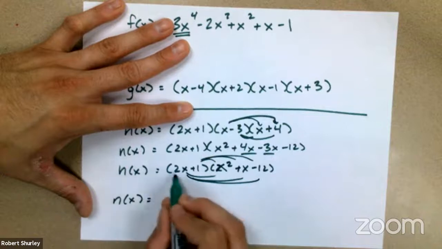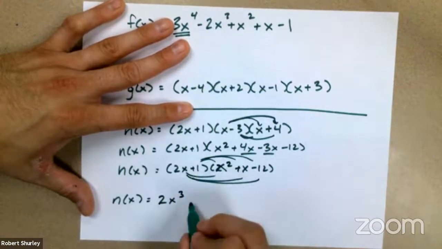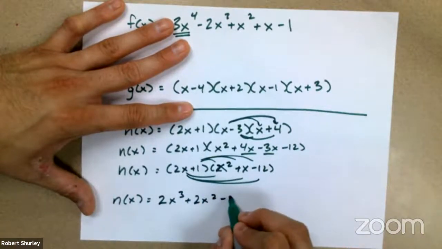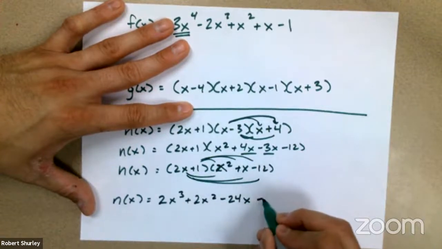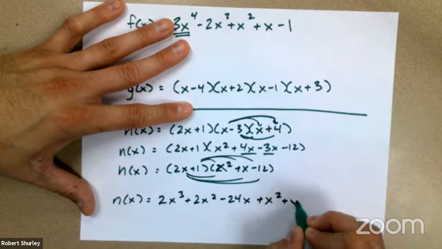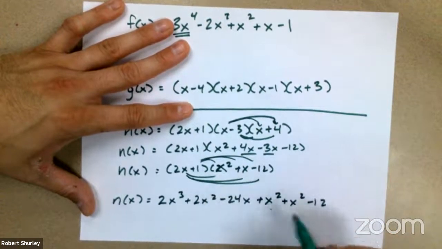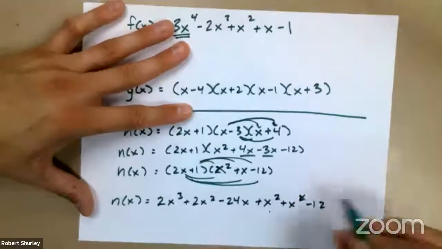So if I distribute the 2x all the way through, I'd get 2x cubed. 2x times x, so that's 2x squared. 2x times negative 12, that's negative 24x. Distribute the 1, well, anything times 1 is itself. So I just multiply the 1 through, 1 times x squared, 1 times x, oh, that's not an x squared there.